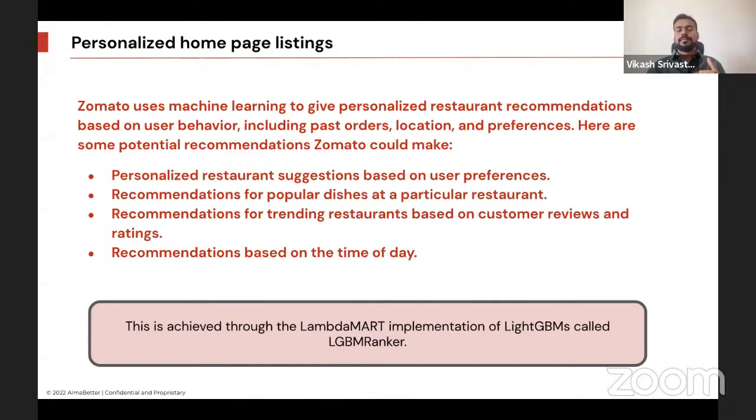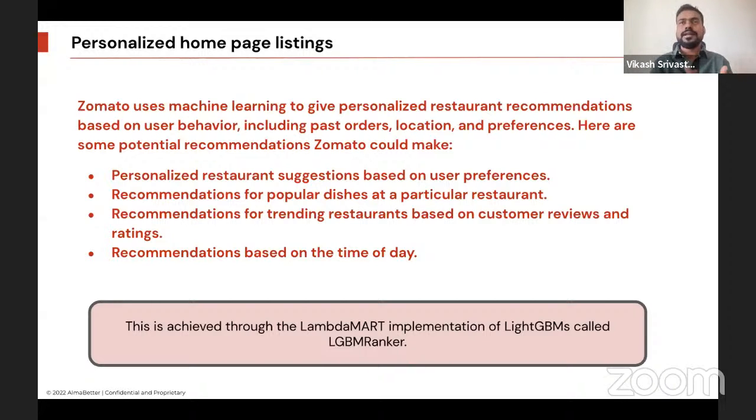There could be a lot of different ways to achieve this. A very basic way is to use something called collaborative filtering, and this is something that we already have taught in our curriculum. They can employ collaborative filtering to recommend the restaurants from where you can order food.